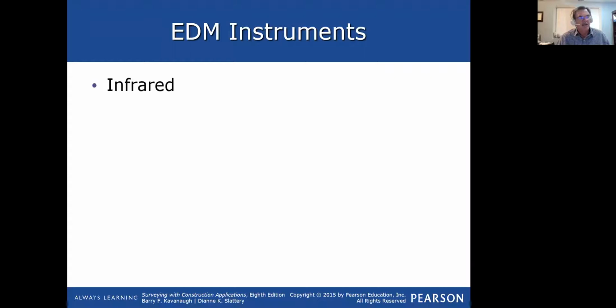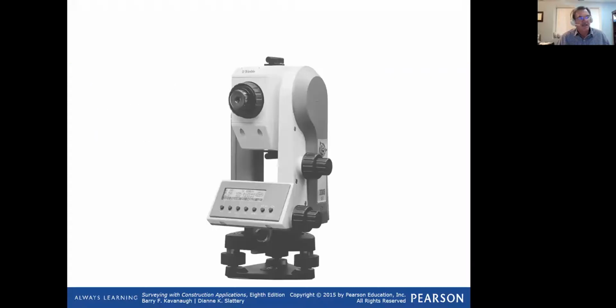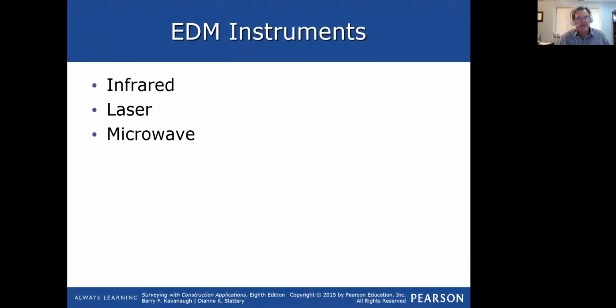The EDM instruments have a multitude of ways to measure. I never was around one that used a microwave. However, I have used the early electronic distance measurements, which were infrared. Today they are lasers. For some time they've been lasers, and they're very accurate. As the book talks about, they measure over a wavelength.